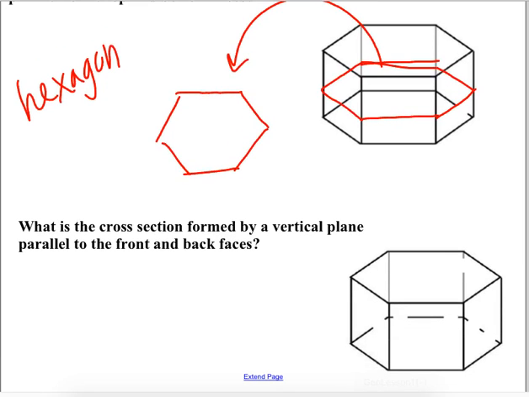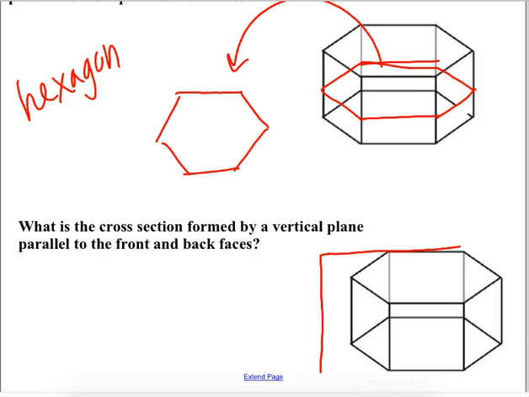Now this last one, what is the cross section formed by a vertical plane parallel to the front and back walls? So here's your front, there's your back wall, and your front would be this one right here. Now you're taking a plane and you're cutting in between there, so you're not going to touch your front and back wall. So again, here's your knife coming through.